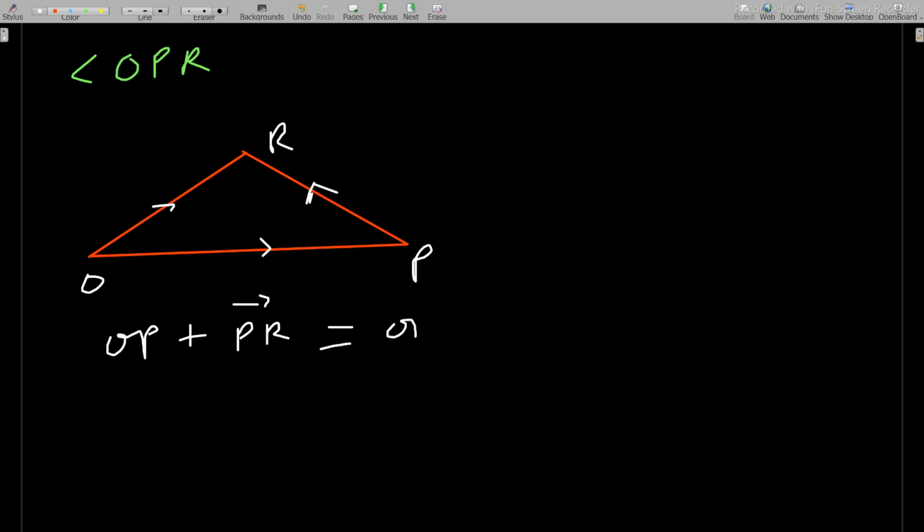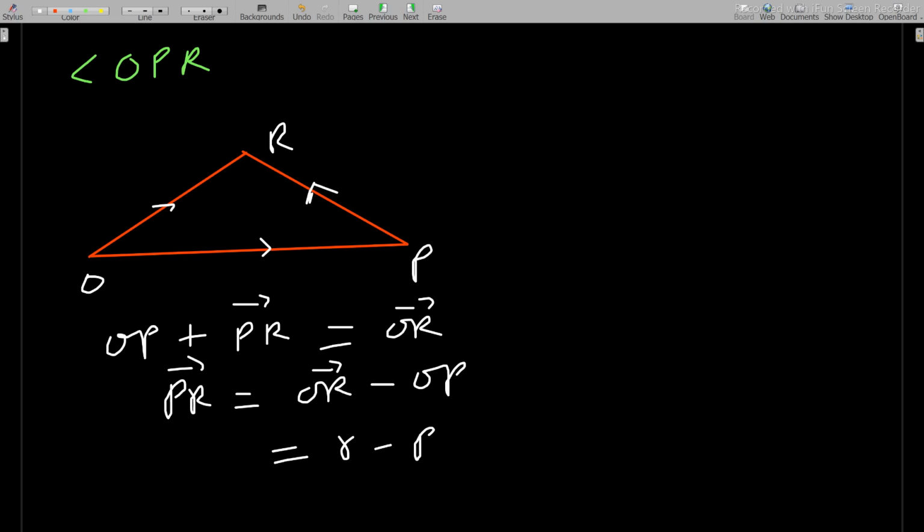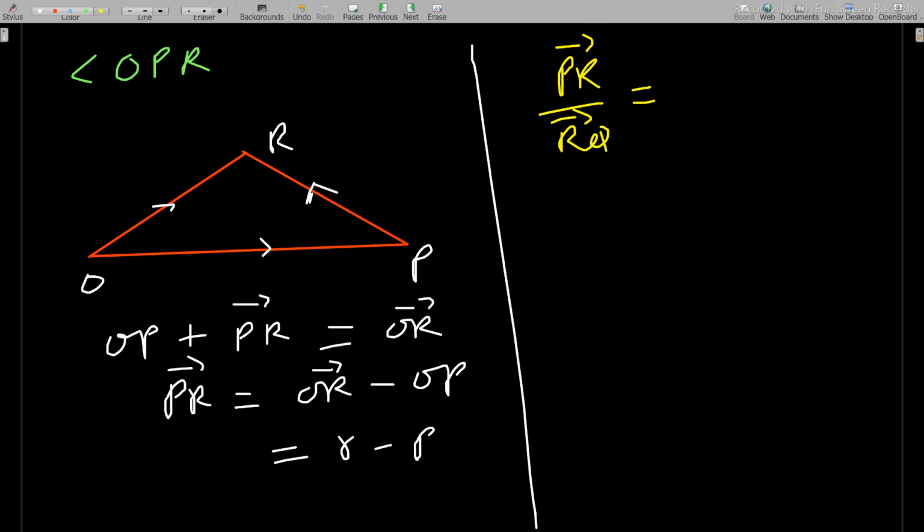I hope you can see this. Now we know that PR is also equal to OR minus OP, which is the same as small r minus small p. With the equation that we wrote, we said that PR over RQ should be the ratio, the fraction m over n.